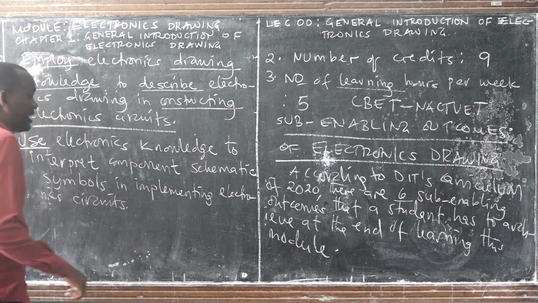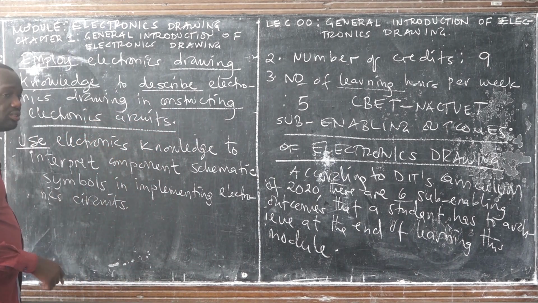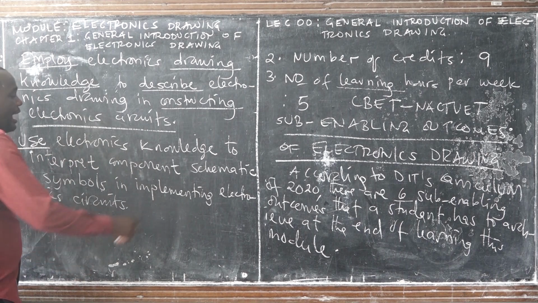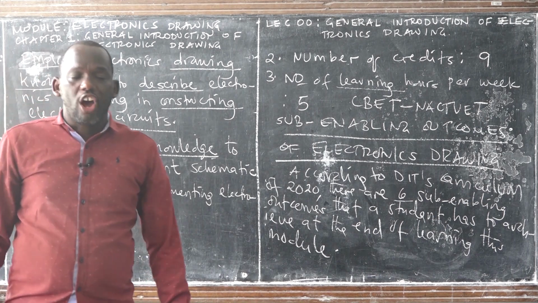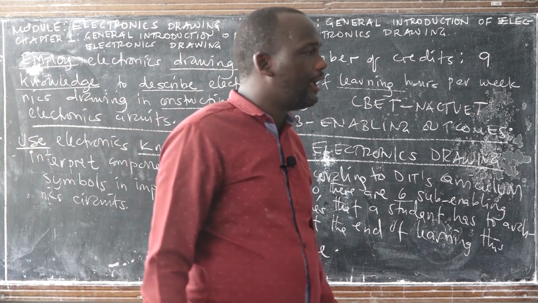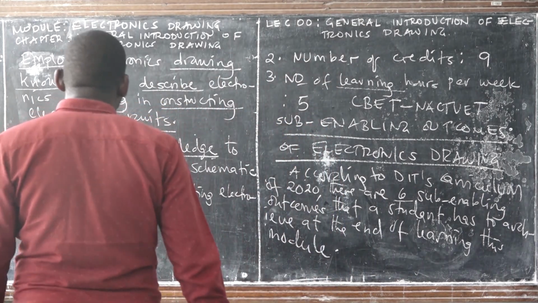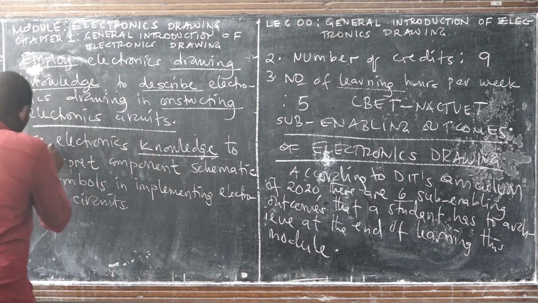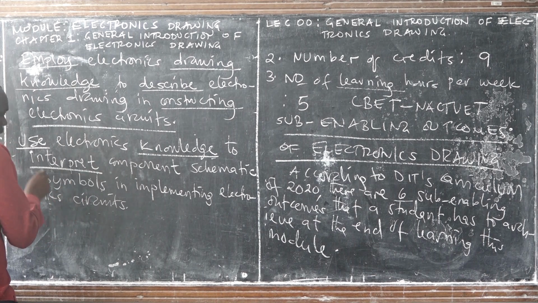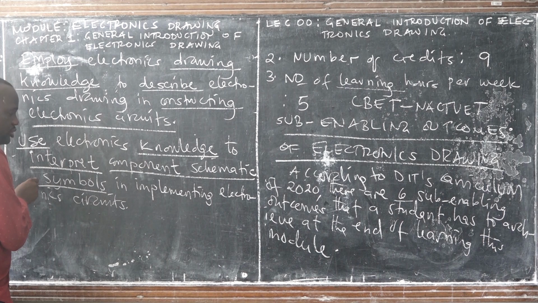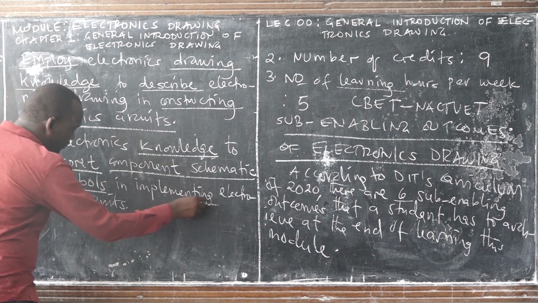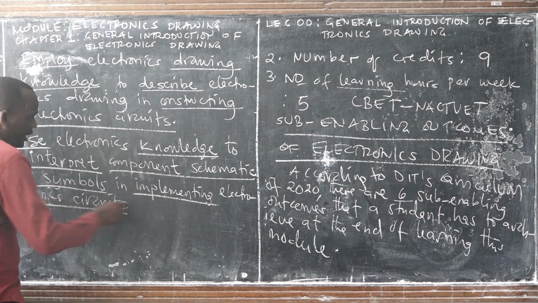So you as a student and myself as a teacher, I have to teach you. Stop writing, I say. Look on the blackboard and listen. Use how to use electronics knowledge. Say knowledge. You have to be able to use electronics knowledge to interpret component schematic symbols in implementing electronic circuits.